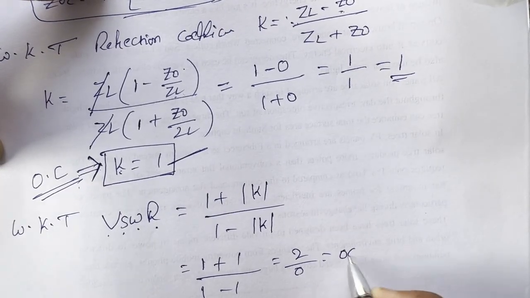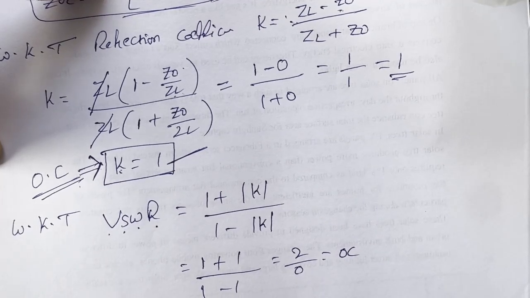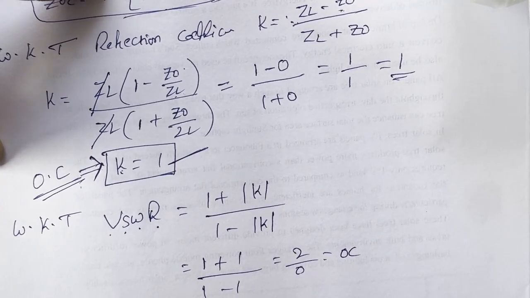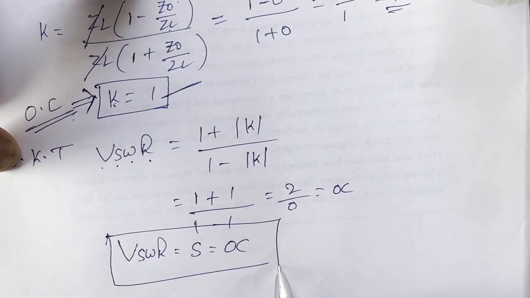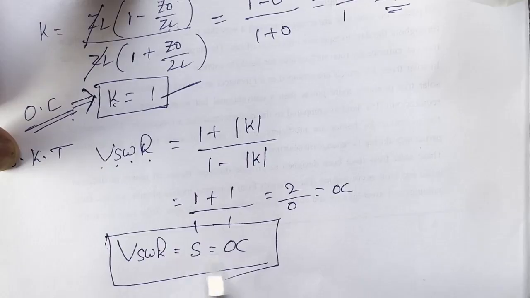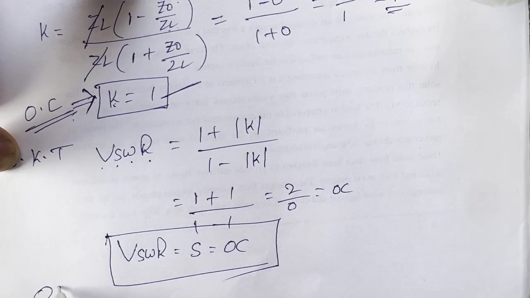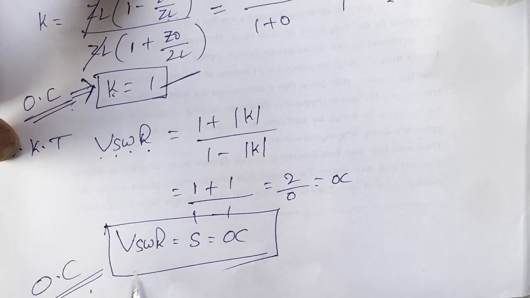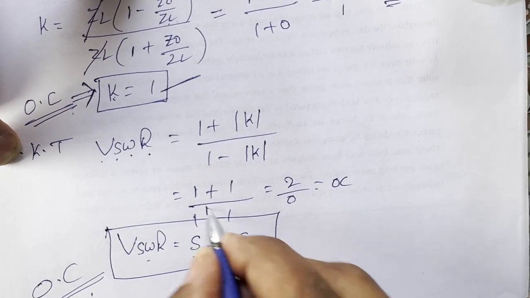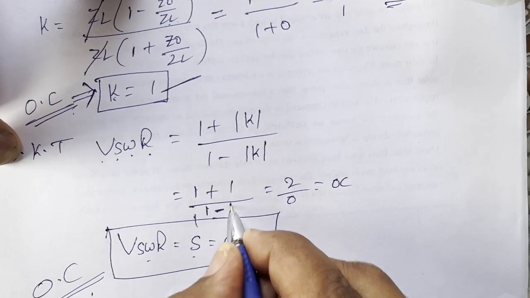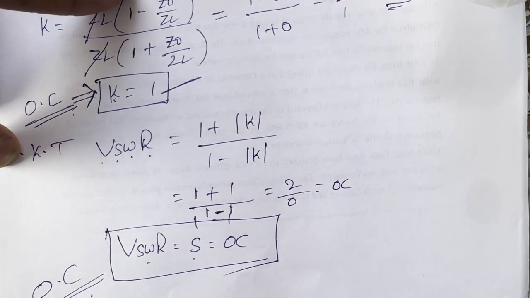Anything by 0 is infinity. So VSWR, S, is equal to infinity. That means in case of open circuited transmission line, VSWR S is equal to infinity.